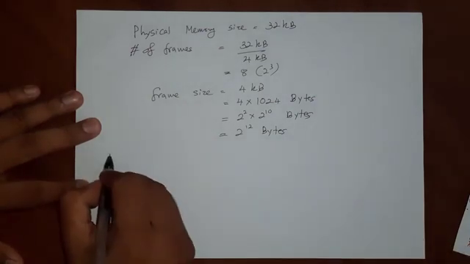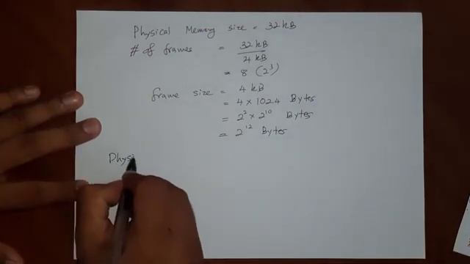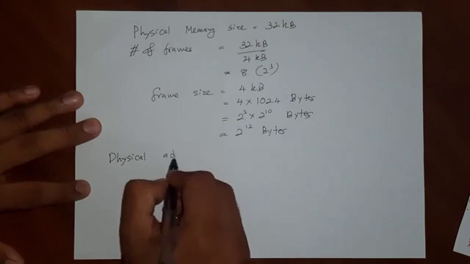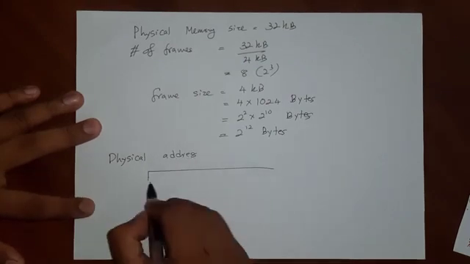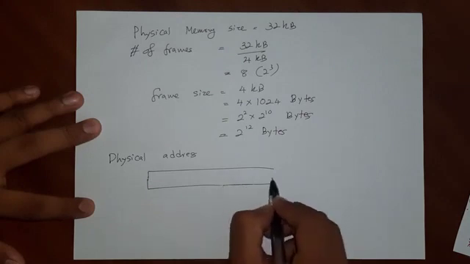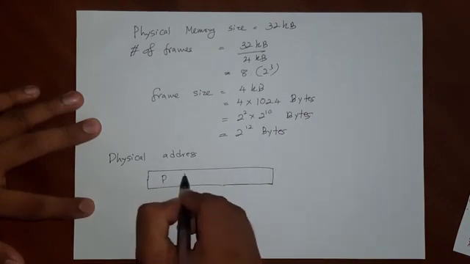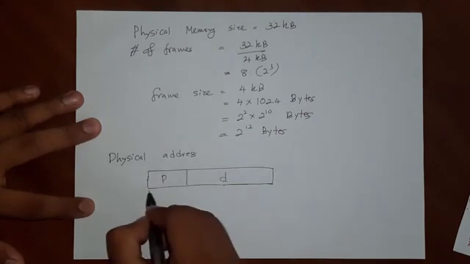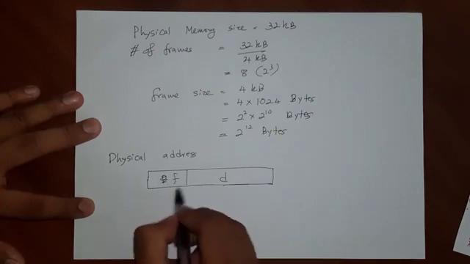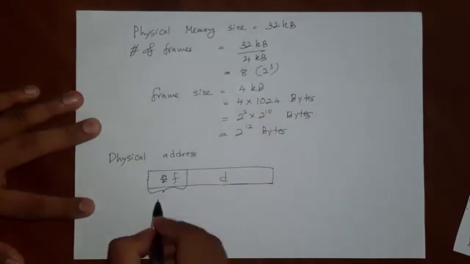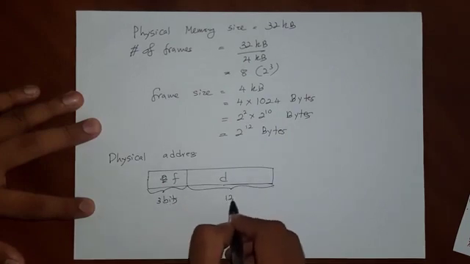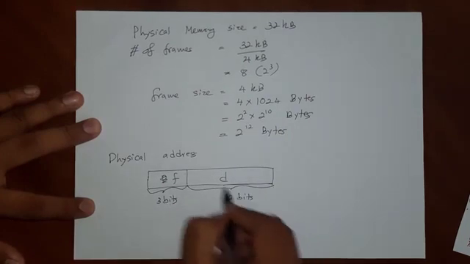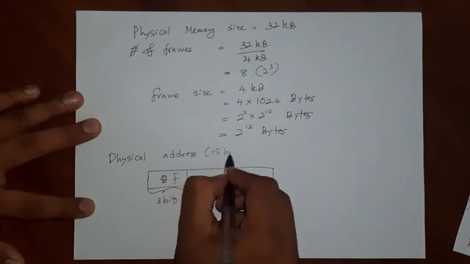So the physical address is like this: P and D. P is the frame number. Frame number needs 3 bits. The offset needs 12 bits. Altogether 15 bits.